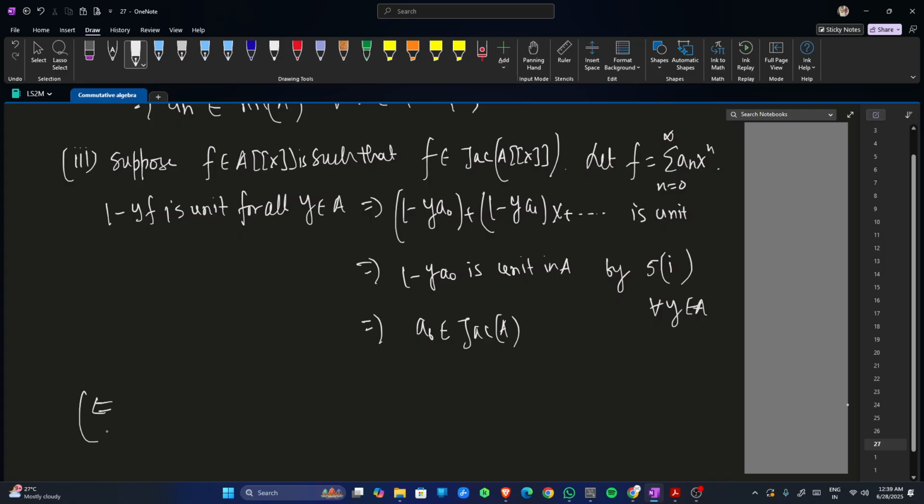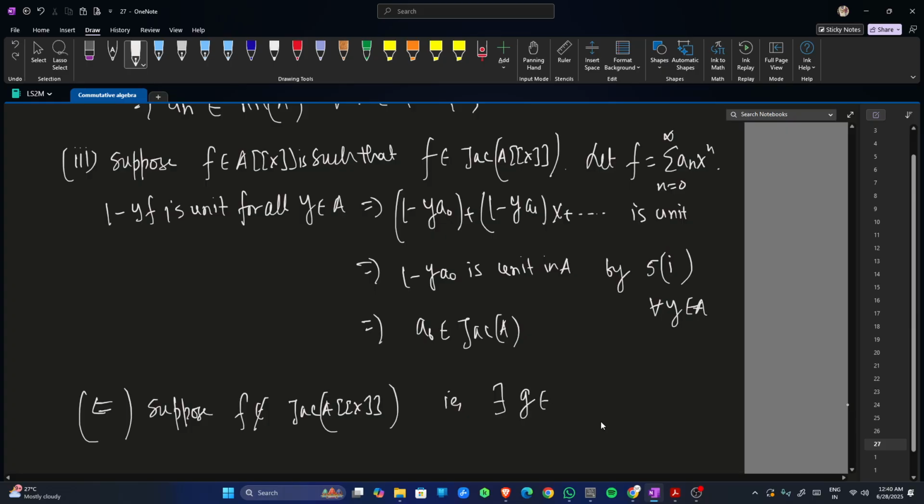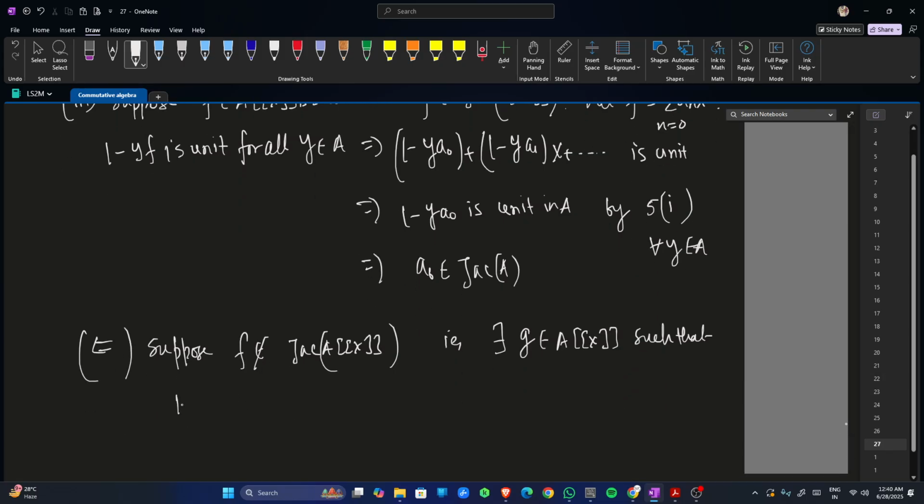Converse part. Suppose F is not in the Jacobson radical, that is, there exists some g such that 1 minus fg is not a unit. Let g be the sum of bm x^m, m equal to 0 to infinity.